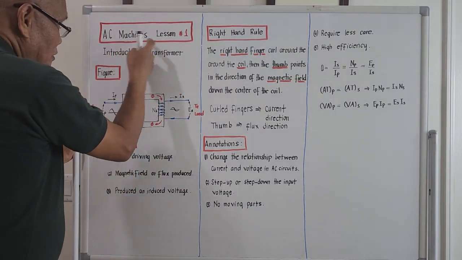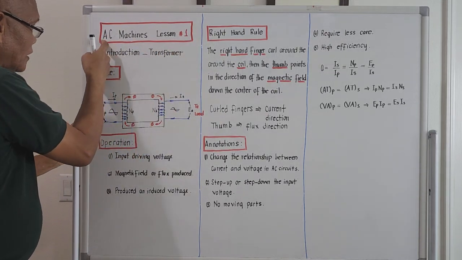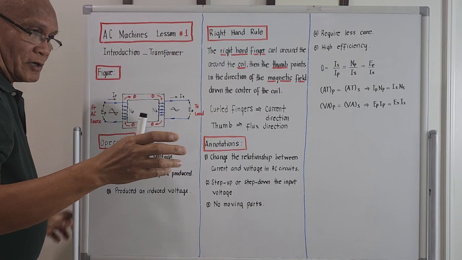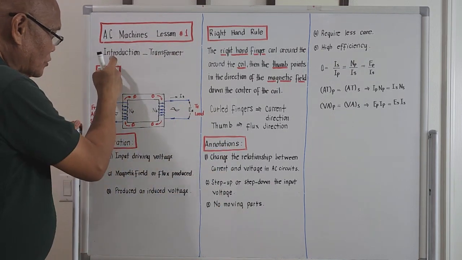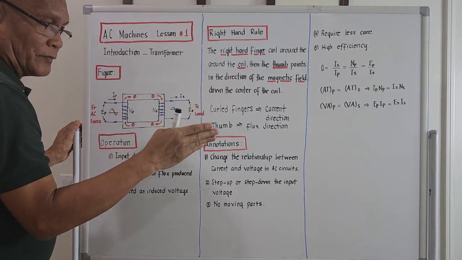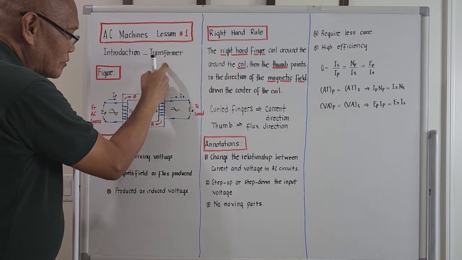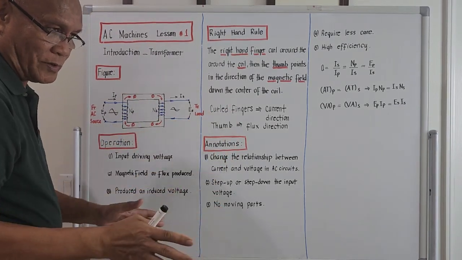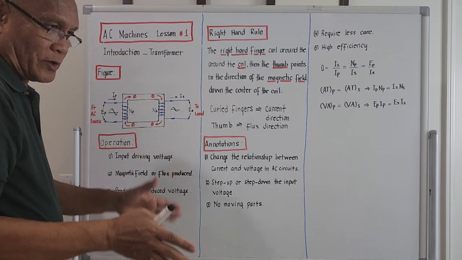Alternating current machines, lesson number one. The title of the topic is Introduction to Transformer. So the first topic under AC machines will be the transformer.